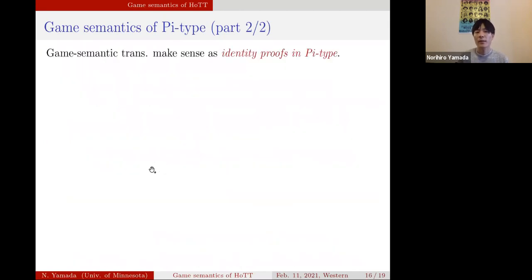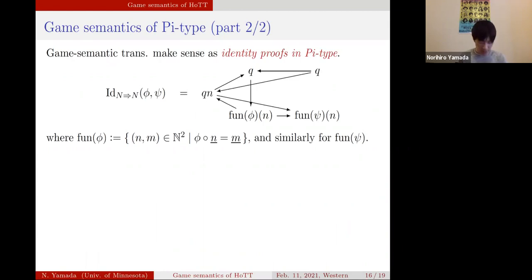Okay, so this notion of identity proof really makes sense as identity proofs in pi types as follows. Let me come back to the example where I define identity between phi and psi of function type as the following game. The domain is the game N, and the codomain is an identity game between natural numbers. And here I introduce a notation: the function of phi is just a set of input-output pairs of phi, and similarly for psi.